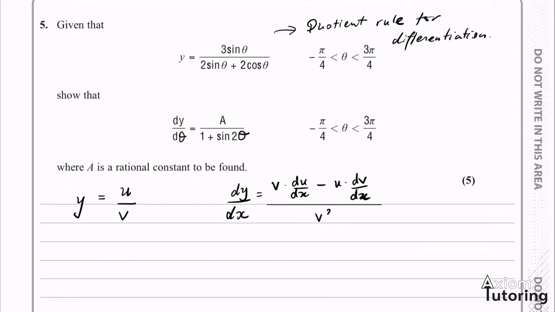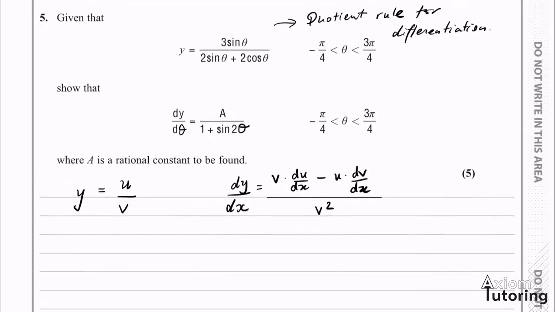Okay, so now let's assign our expressions for u and v in this question. So u is probably going to be our 3 sine theta. So this is our u. And then our v is going to be what we have in the denominator.